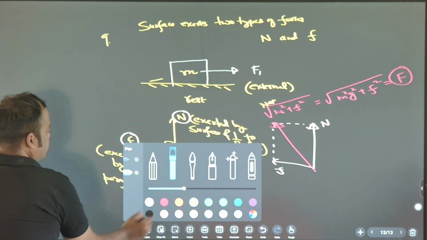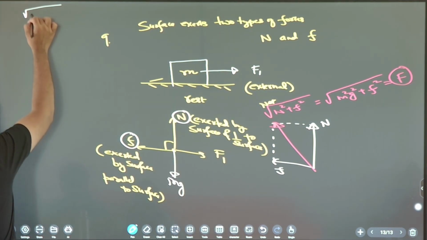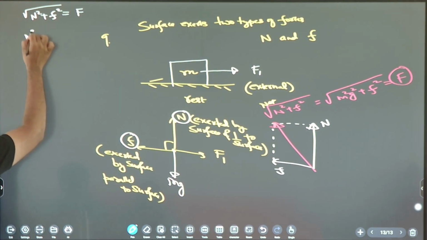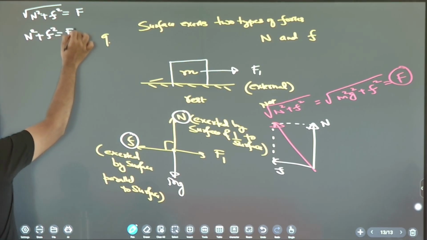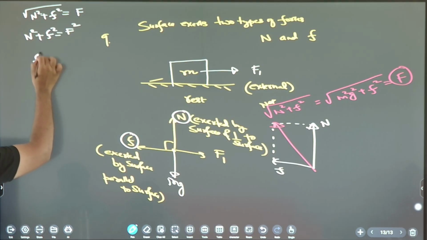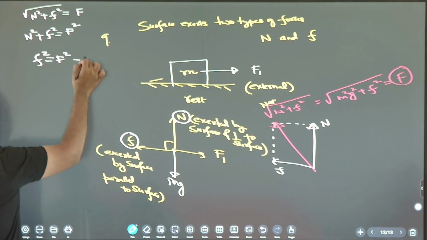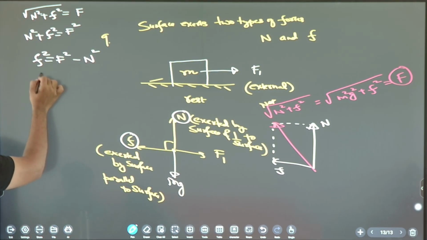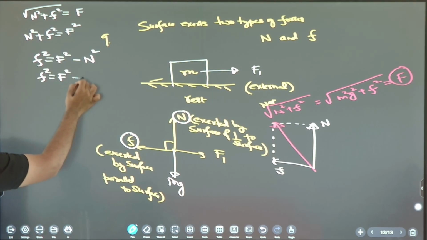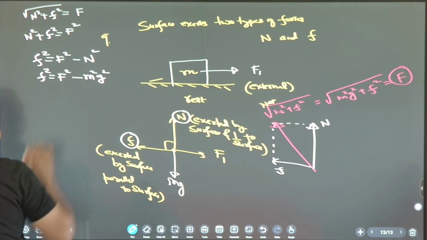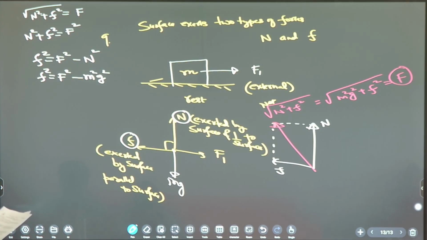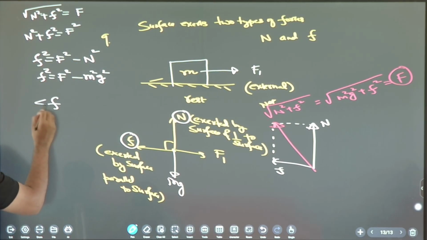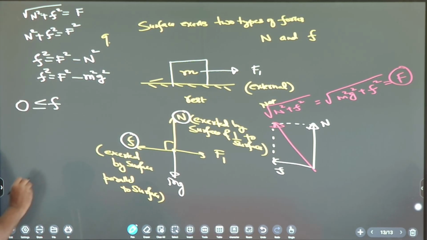So square root of n square plus small f square is a capital F. So n square plus small f square is equal to capital F square. So small f square is equal to capital F square minus n square. N square is m square g square. So capital F square minus m square g square. Now small f is friction. So what is the minimum value of friction? 0.